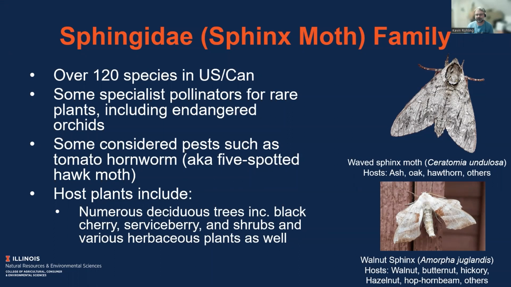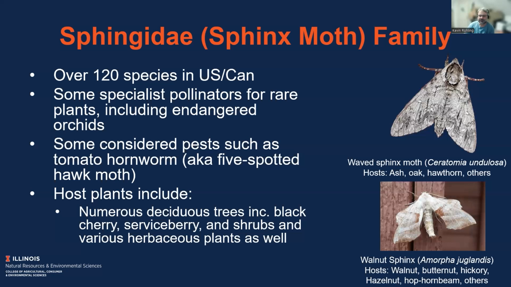And this group is interesting because, well, for lots of reasons, but partly because it has species that are specialist pollinators for rare plants, including endangered orchids, but then also has some species that are considered pest species, such as the tomato hornworm and its adult stage being the five-spotted hawk moth.